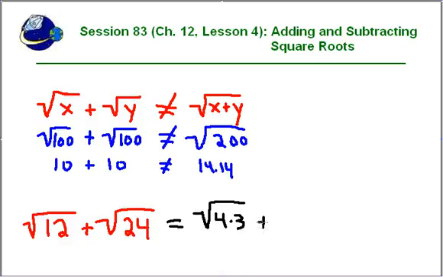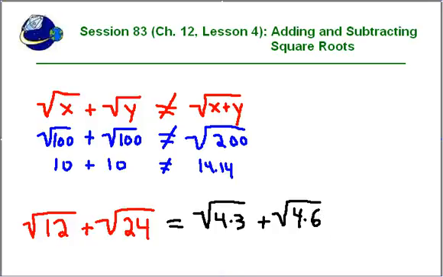Now let's take a look at our second expression, the square root of 24. Well, a couple factors we have are 12 and 2, but neither of those are squares. We have 8 times 3, neither of those are squares, but we do have 6 times 4. 4 is a square. So we can rewrite the square root of 24 as the square root of 4 times 6.